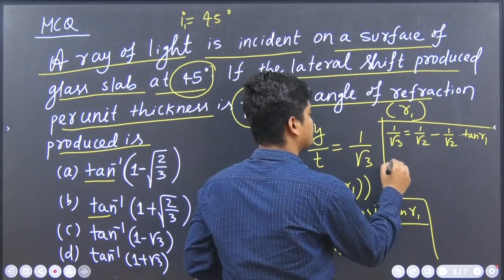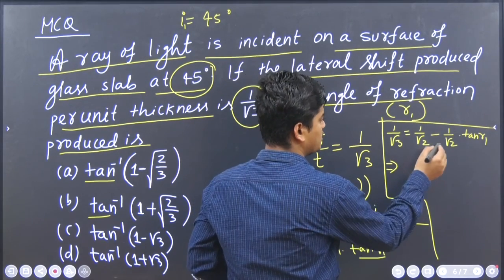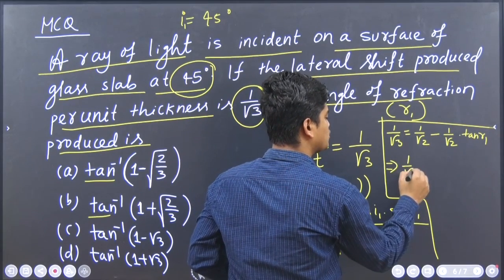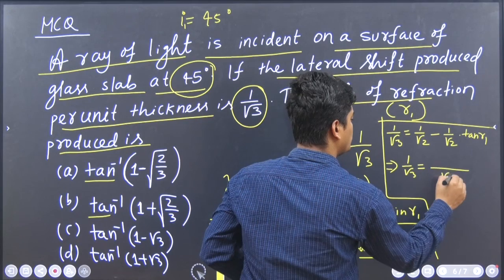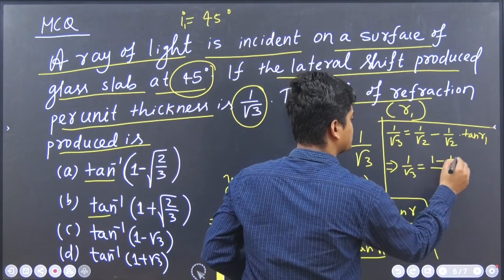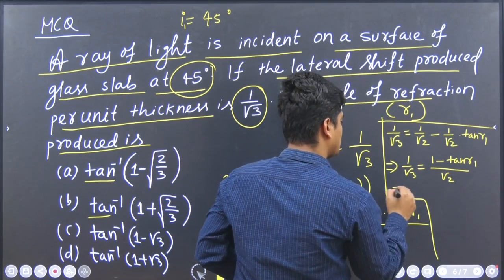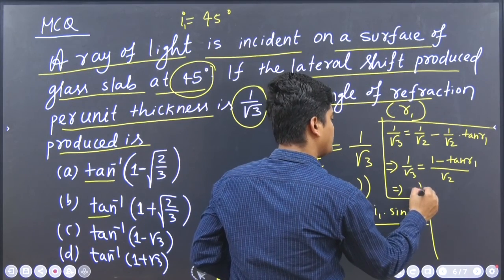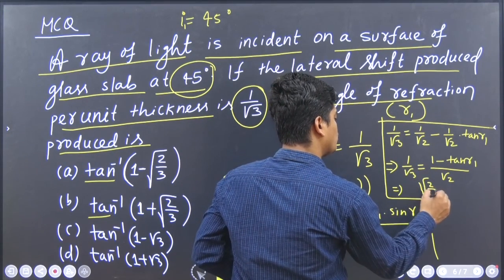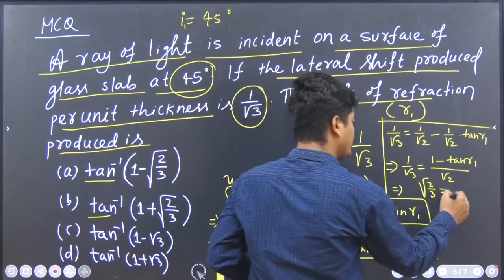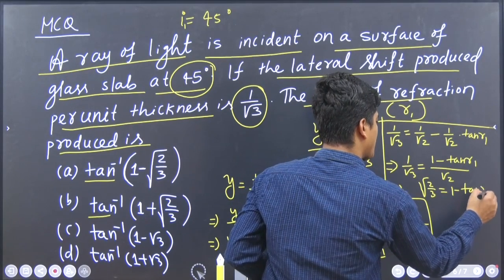Now take 1 by root 2 common. It will be root 2 over root 3, that is 1 minus tan r1. Now root 2 comes to this side, so it becomes root 2 by 3, and you can write 1 minus tan r1.